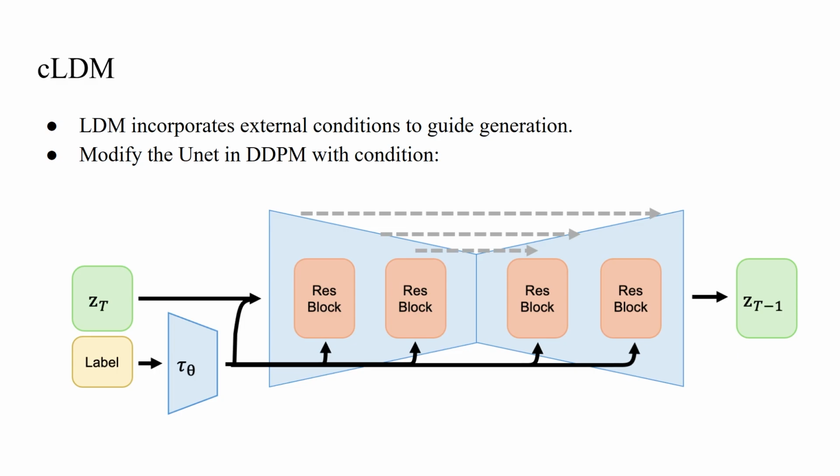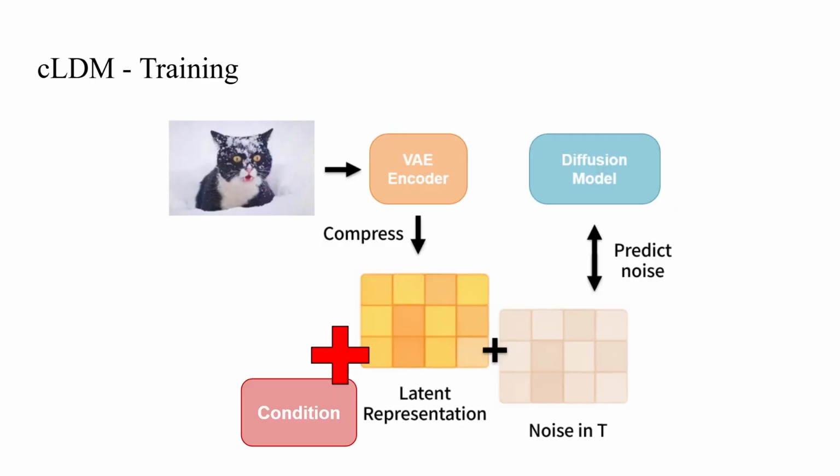The condition is usually embedded into a feature vector and then injected into a UNet or diffusion model. So the model does not only ask, how do I denoise this latent? It also asks, how do I denoise this latent so that the final image matches the given condition?